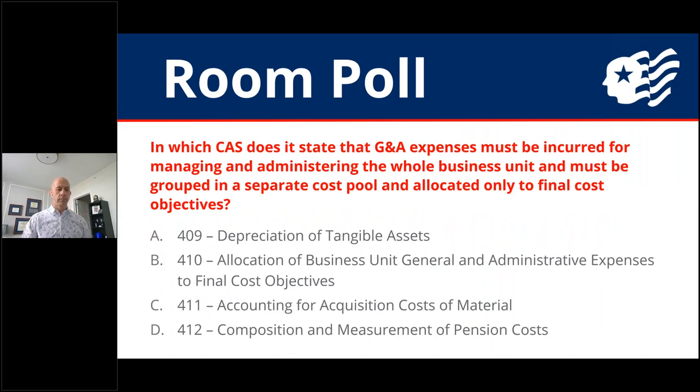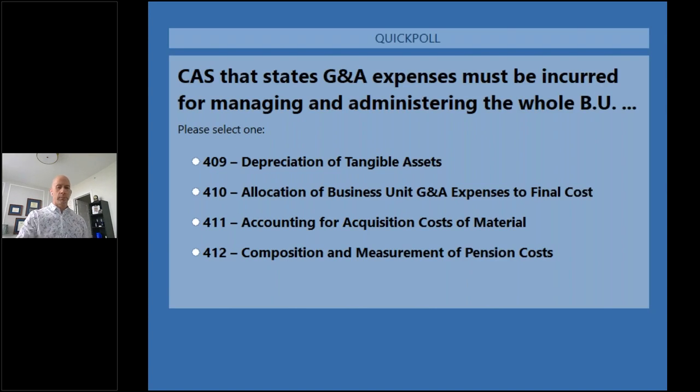All right, that sounds good. Poll number 4, and again, this is the 4th of 7 poll questions. Cost accounting standards that state G&A expenses must be incurred for managing and administering the whole business unit. Apologies, I got cut off from the very end of the question.